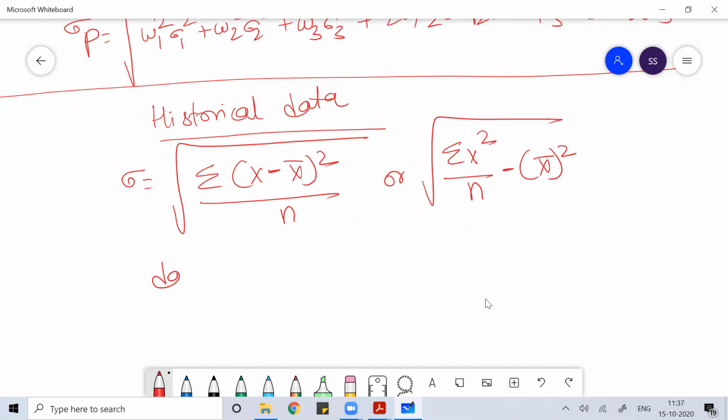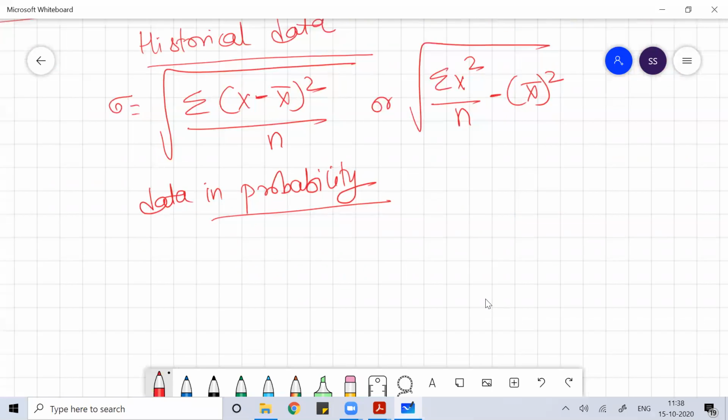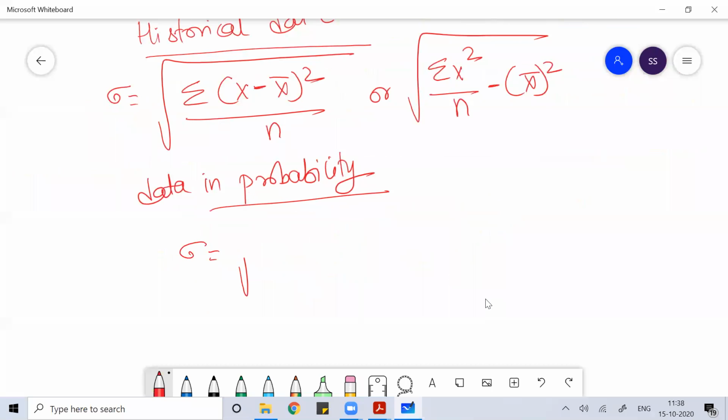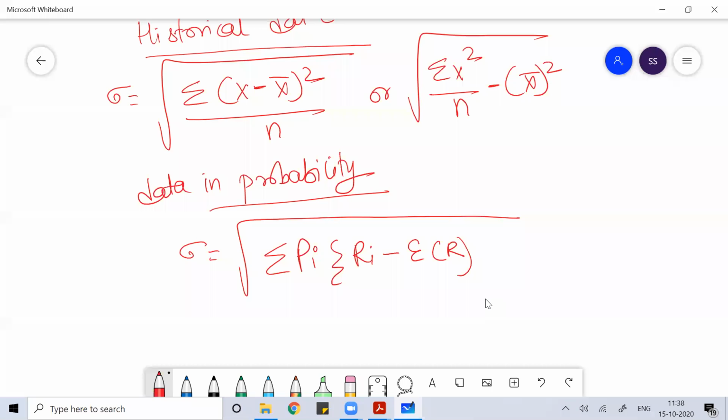But when your data is given in probability, what is the formula of standard deviation? You calculate the standard deviation by the formula square root of summation of pi into (ri minus ER) whole square, where ER is the expected return, which you get by the formula summation of pi into ri.